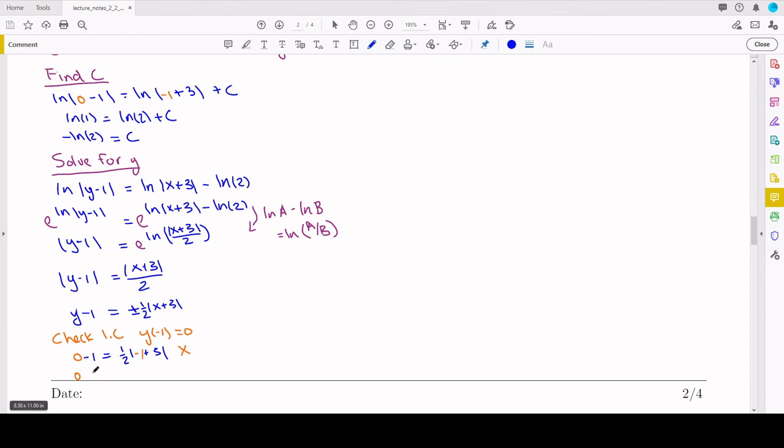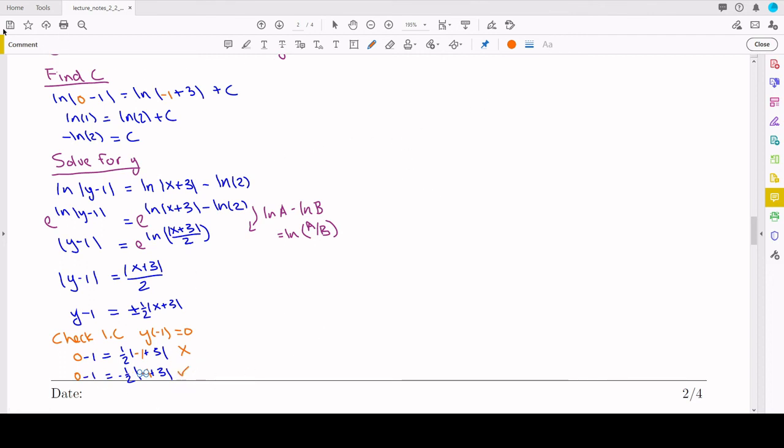And then if we try the other solution, the negative solution, we get 0 minus 1 equals negative 1/2 times -1 plus 3. And then we get -1 equals -1. That one checks out.